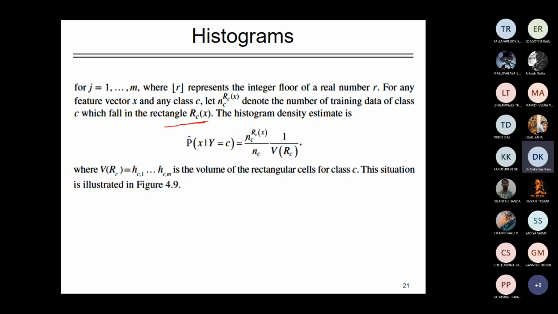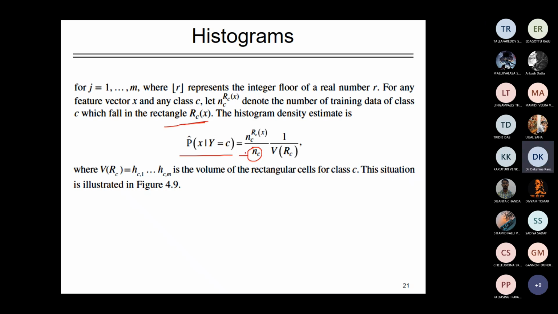The histogram density is given by this estimated function, p-hat of x given y equals c, which is given by the number of training data in the rectangle divided by N_C.